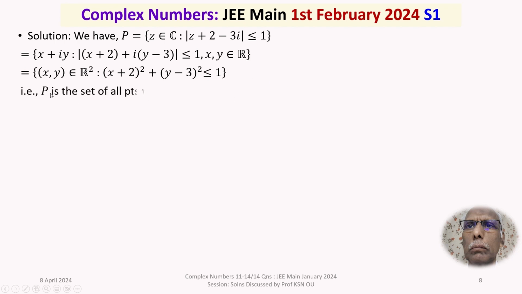So P is the set of all points (x, y) which lie inside, because of less than, and on, because of equal to, the circle (x plus 2) whole square plus (y minus 3) whole square equal to 1. What is this? It is a circle with the center at (minus 2, 3) and a radius 1.